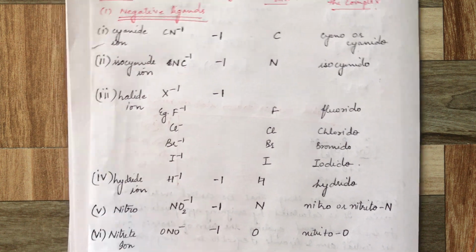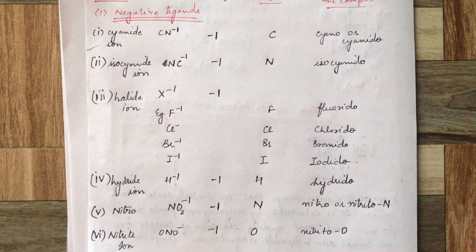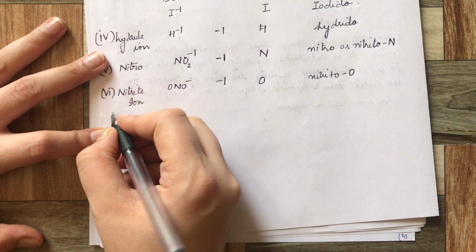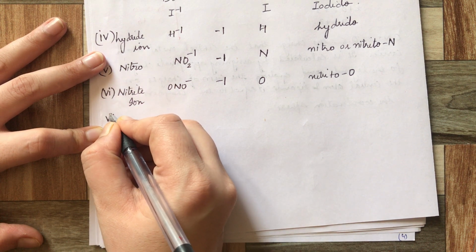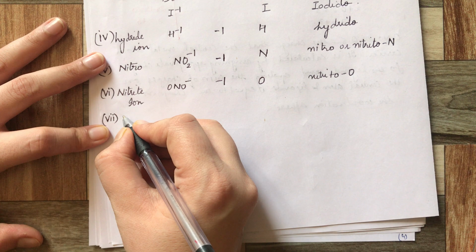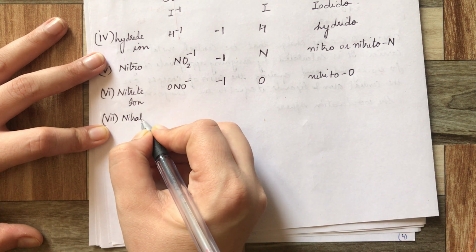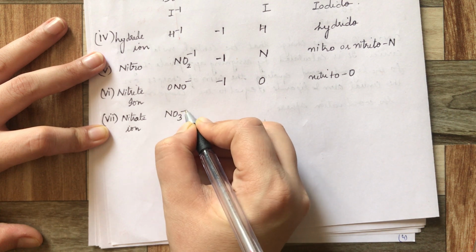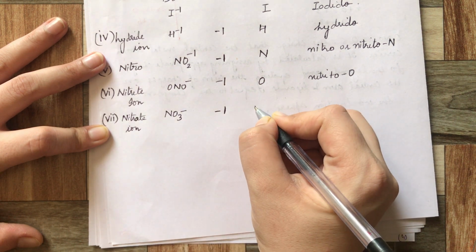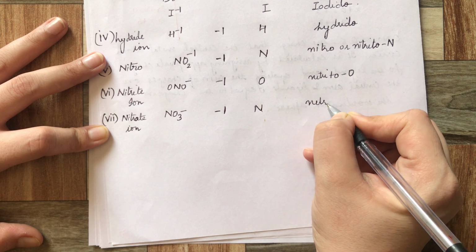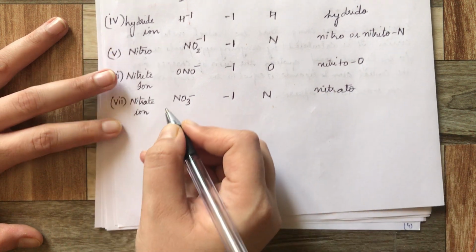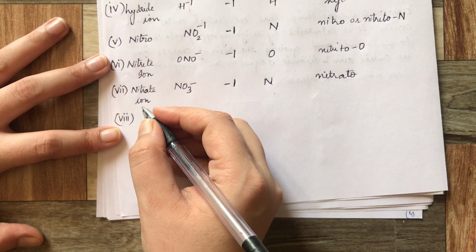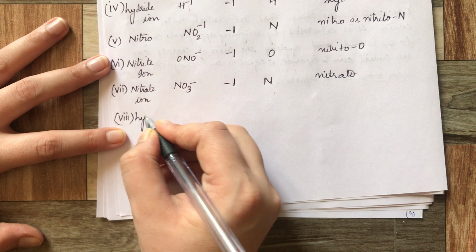Now the next we talk about is another negative ion species, which is the nitrate ion. Nitrate ion is NO3 negative, which is -1. The donor atom is N, and it is called nitrato. Next we talk about the hydroxide ion.